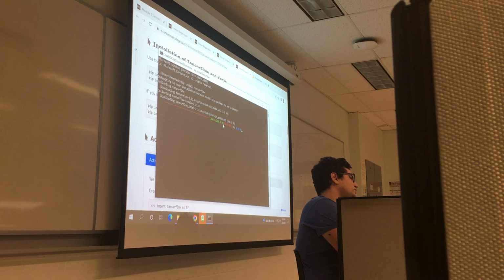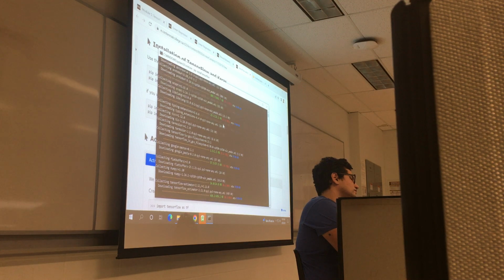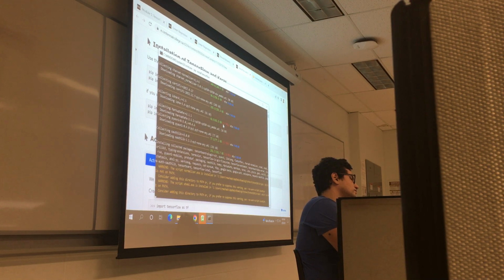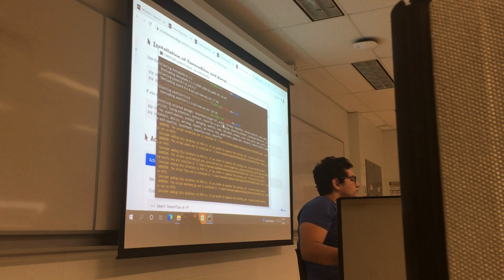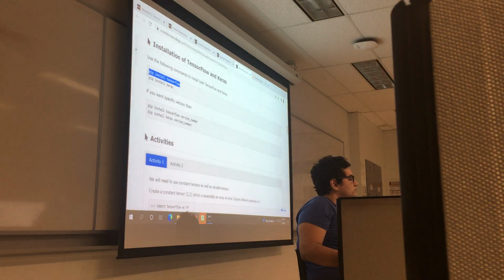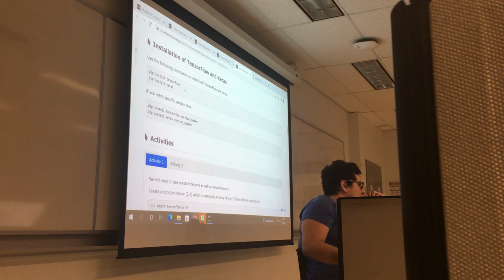Yeah, on my machine it's working. Which one should I write? The first one, just pip install TensorFlow, or the second one? Try both. No, if you do just the first one, it's enough. I tried the first one, it didn't work. I tried the second one. No, you don't have to try. If you want to install a specific version, you can, but you don't need it. But I tried the first one, it didn't work.